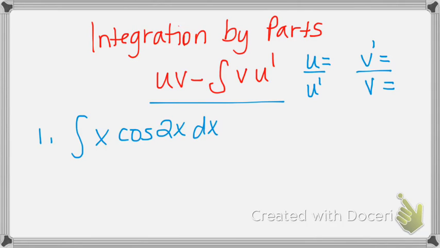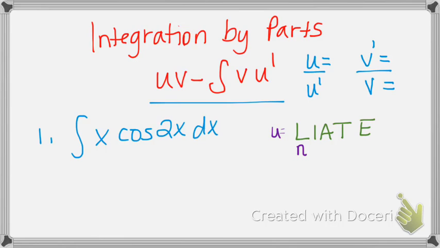Alright, when you're trying to pick what u is and what v is, there's this little saying or mnemonic. It's L-I-A-T-E. It's called LIATE, but it tells you what to pick for u. So in the problem, if there's a ln, that's the first thing that u should be.